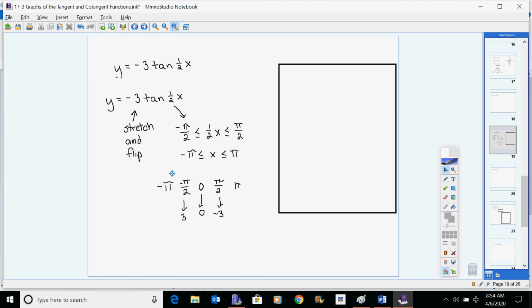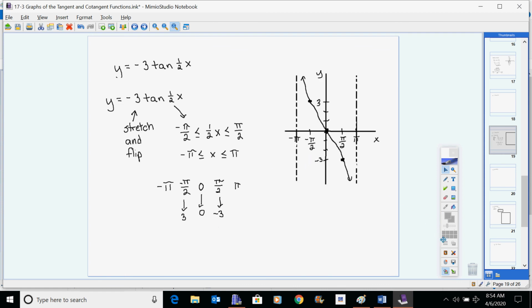0 plus -π times a half gives you a half, -1/2. 0 plus 1 times a half gives you a half. This is where 3 lives. This is where 0 lives. This is where -3 lives. And these are going to be your asymptotes. Remember, normally it would start with a tangent going down to up, but this negative flips it around, so it's going up to down.